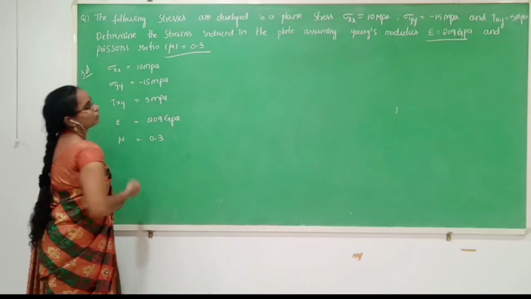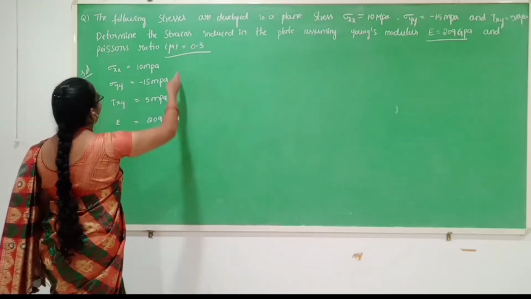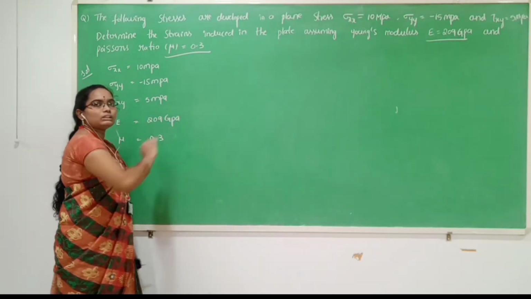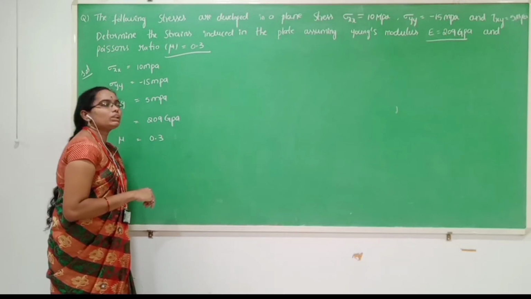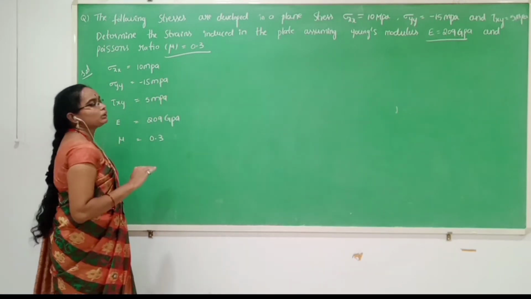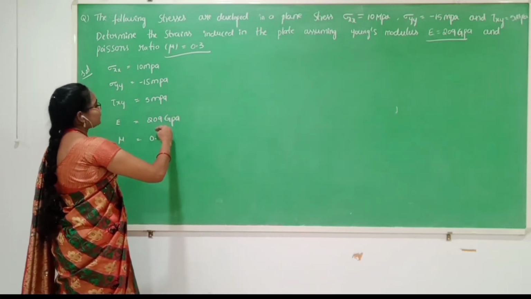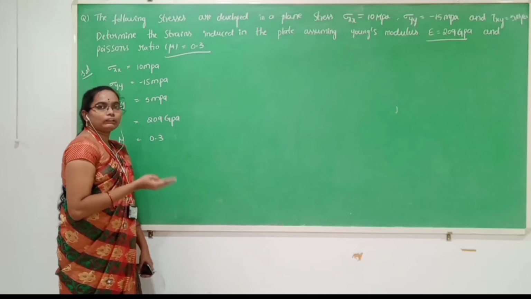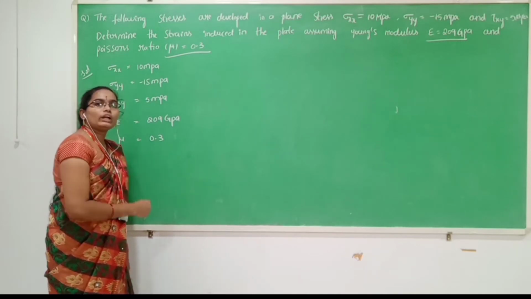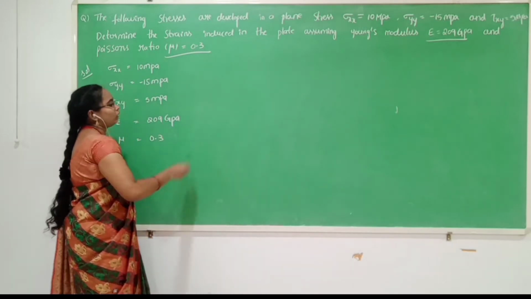First of all, we have to observe whether all the terms are in the same units or not. All the stresses are in megapascal, just this Young's modulus in gigapascal has to be converted into megapascal. Mega means 10 power of 6 and giga means 10 power of 9.